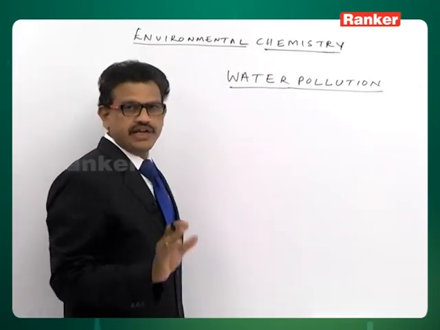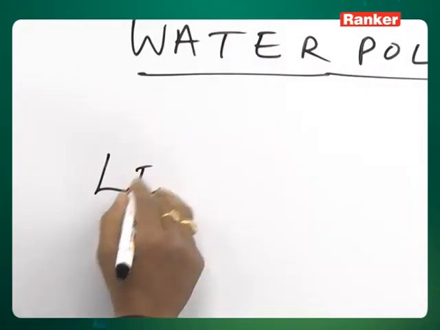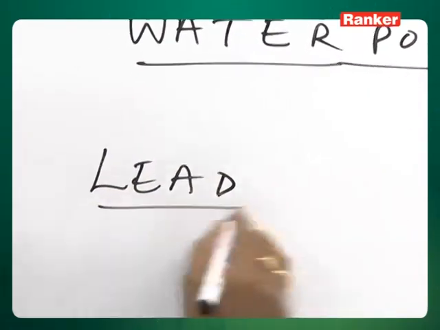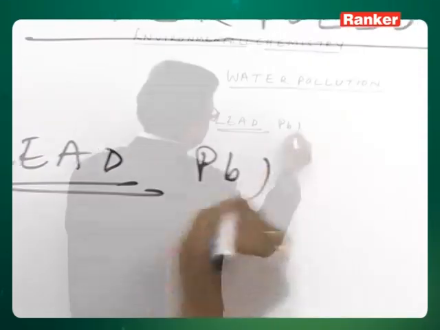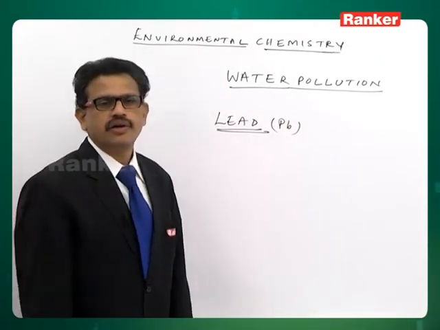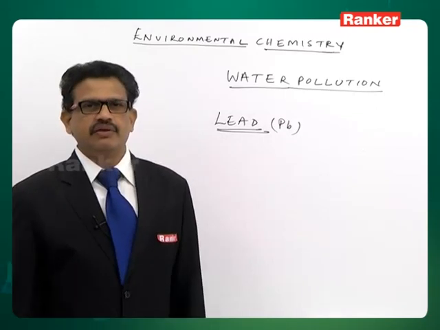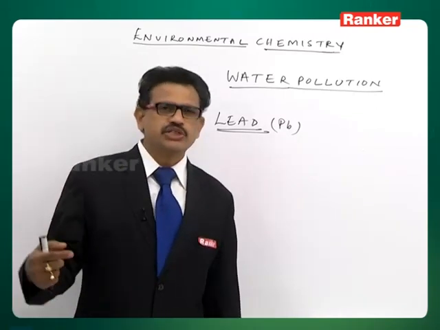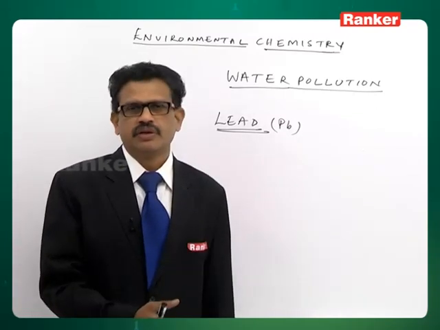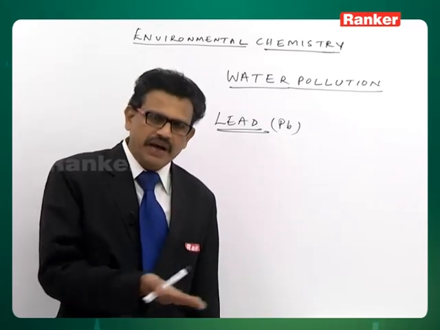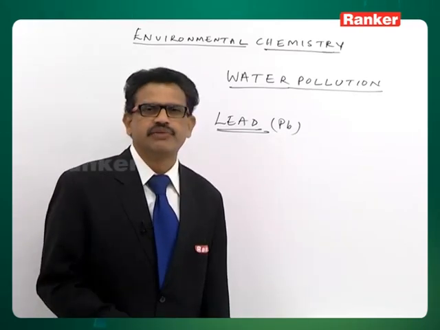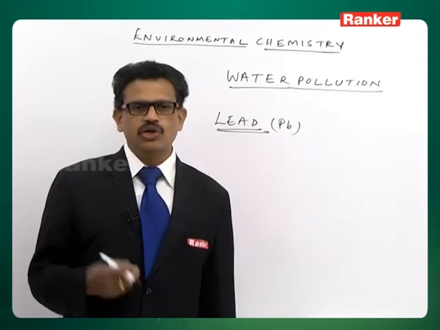Next is lead. Drinking water is contaminated with lead when water is passed through lead pipes. Water is transferred through the lead pipes, so water may be contaminated with lead.